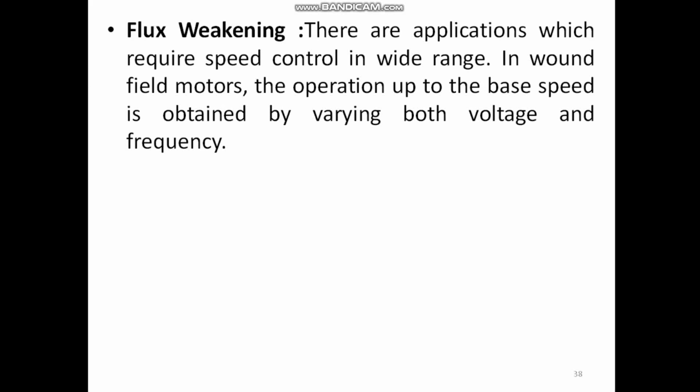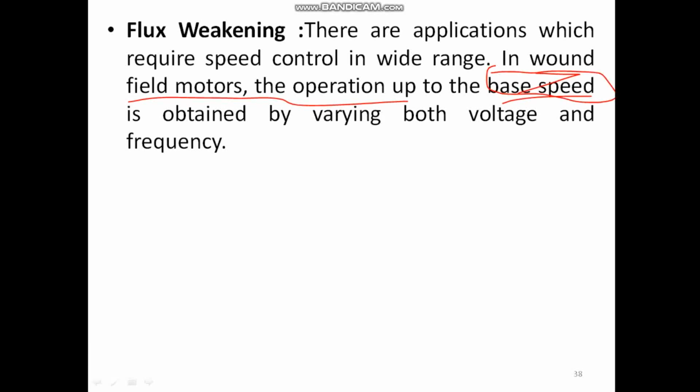Now we'll talk about the flux weakening. Okay, so there are applications which require speed control in a wide range. In wound field motors the operation up to the base speed is obtained by varying both voltage and frequency, right?